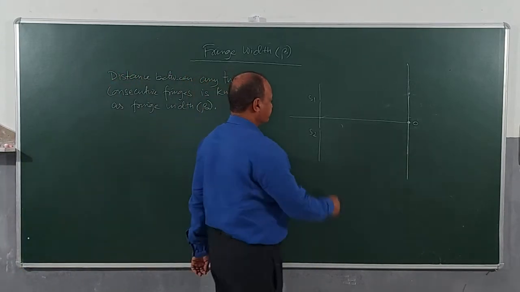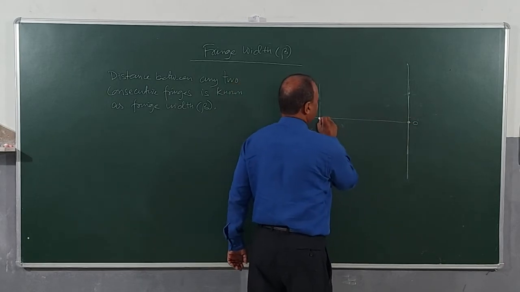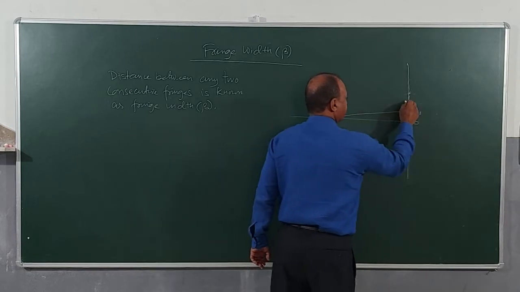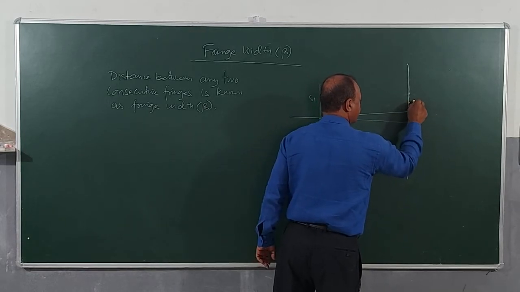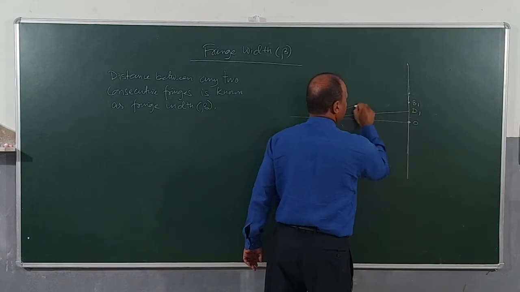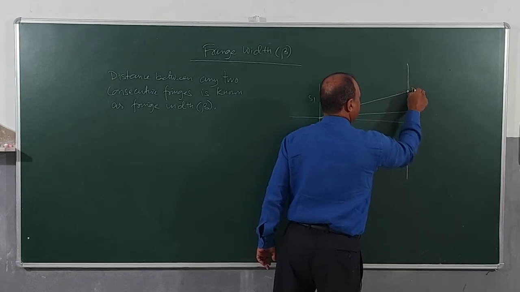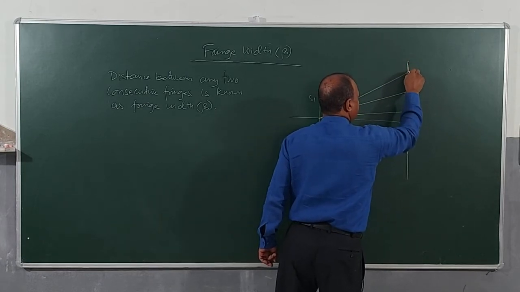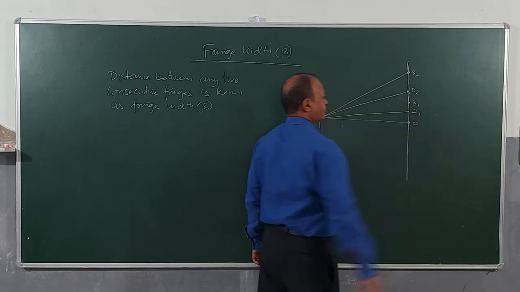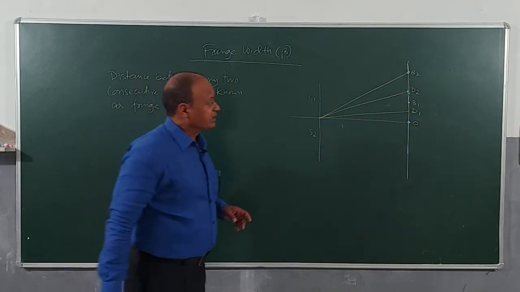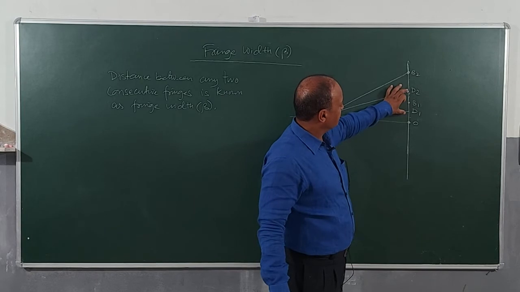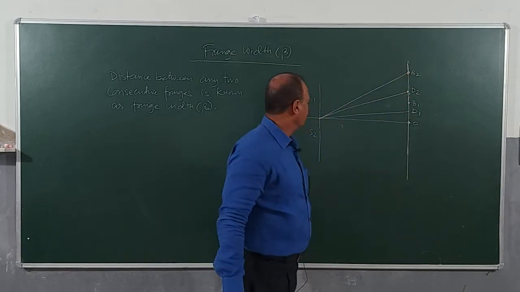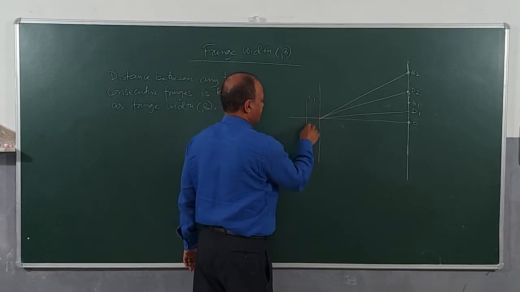So, let us see here, this is a bright spot, the first dark fringe comes here, and then comes the first bright fringe B1, then comes the second dark fringe D2, and then comes the second bright fringe B2. Clear? And remember children, the distance between any two dark fringes will be same as distance between any two bright fringes. We will show it mathematically. We will make certain assumptions as we have already done.